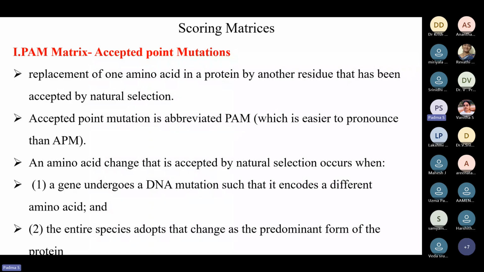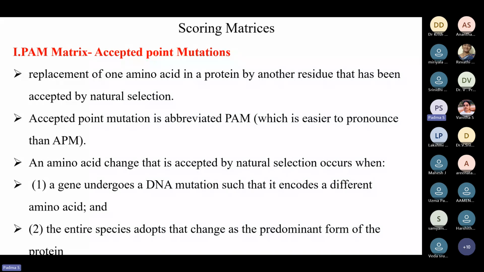The amino acids are there, and there is always a chance that one of the codons of the triplet code is being replaced by another base, which can be at the first position, second position, or the third position. Depending on the position of the change, there will be a replacement of the amino acid.